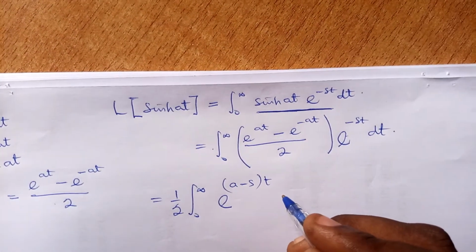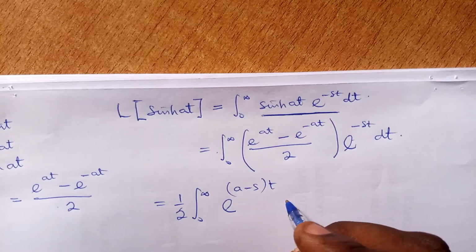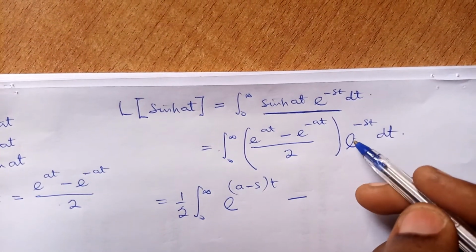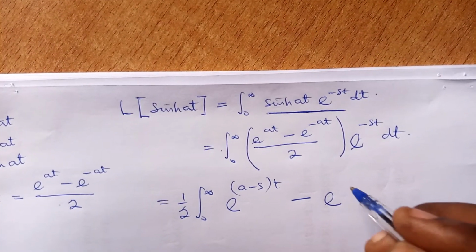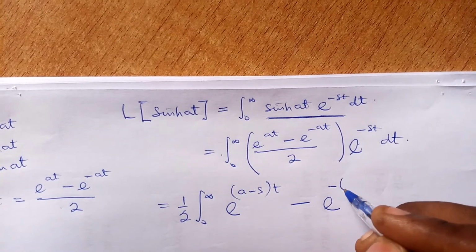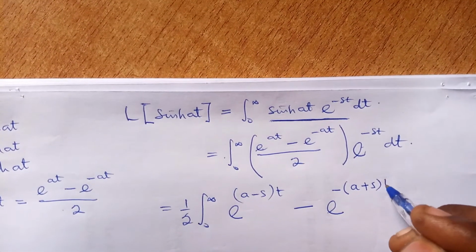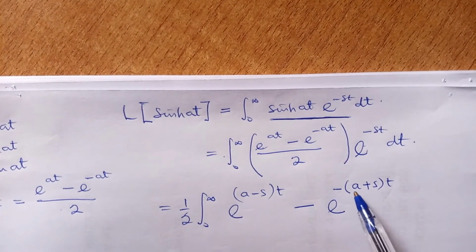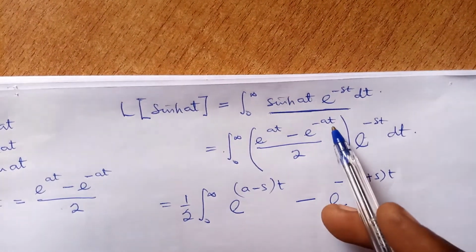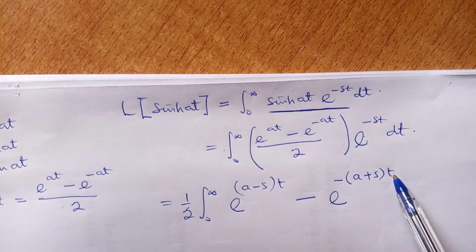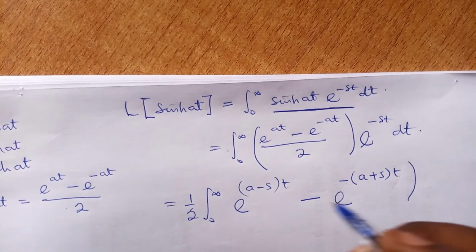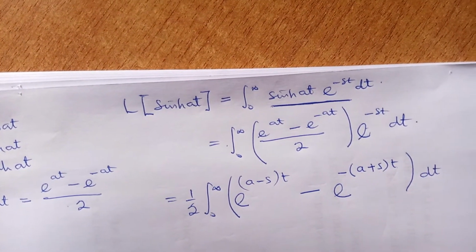Then the next one is minus this, and this again will give me e^(-(a plus s)t). Look at this: minus times at will give you this, then minus times st will give you the second one. Then let's use a big bracket, then we write dt.